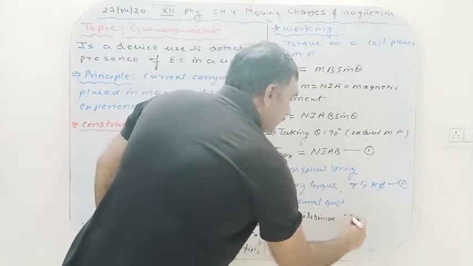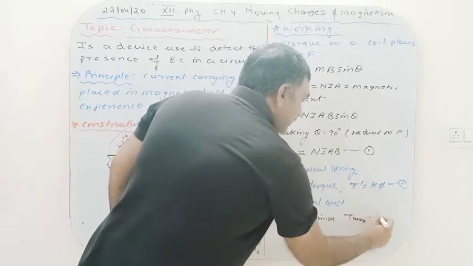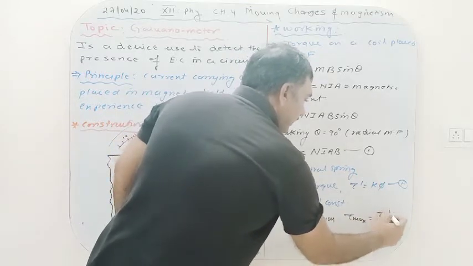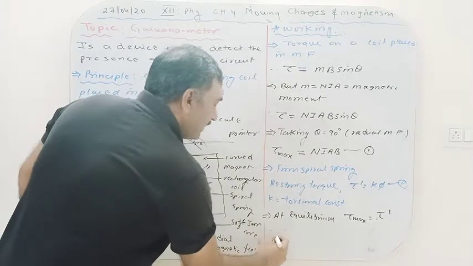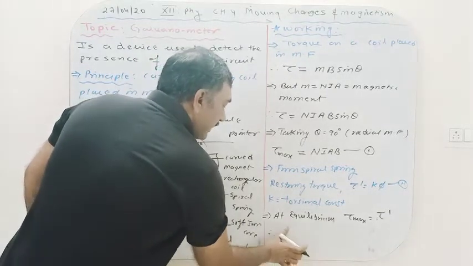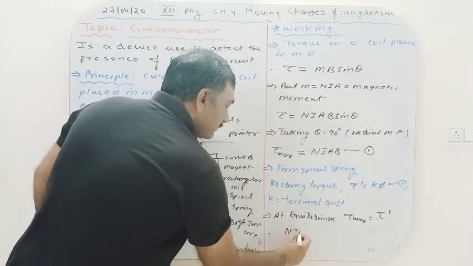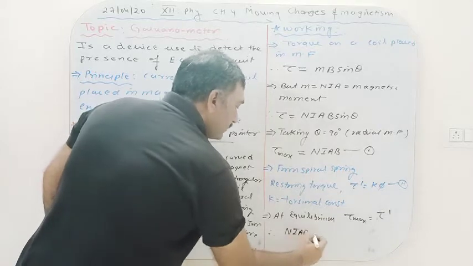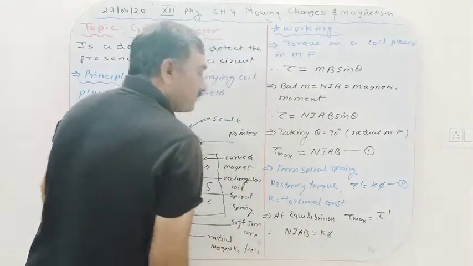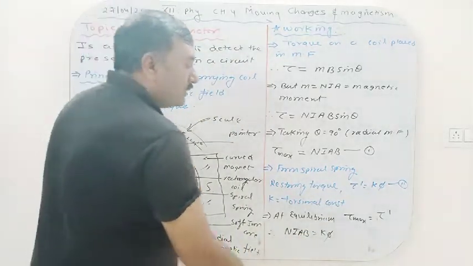At equilibrium, the maximum torque is equal to tau dash, that is the restoring torque, and then we get NIAB is equal to k phi.